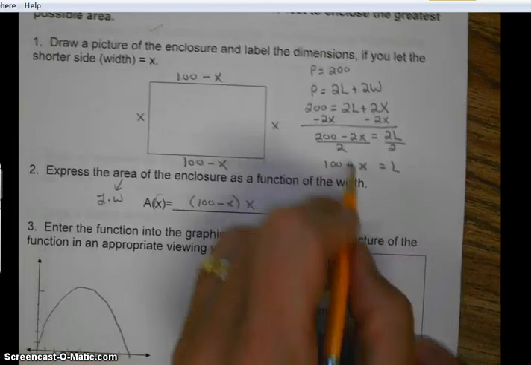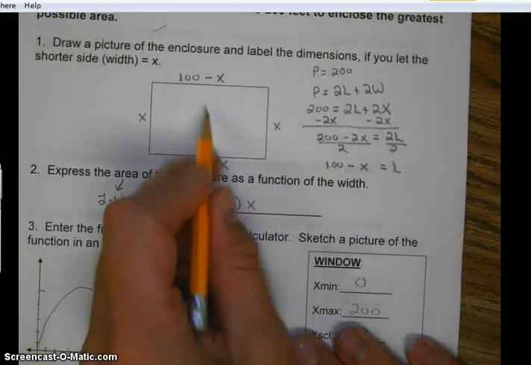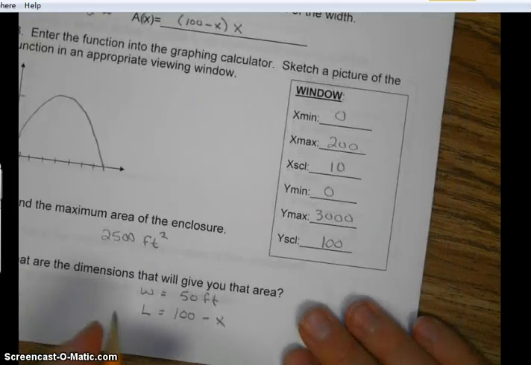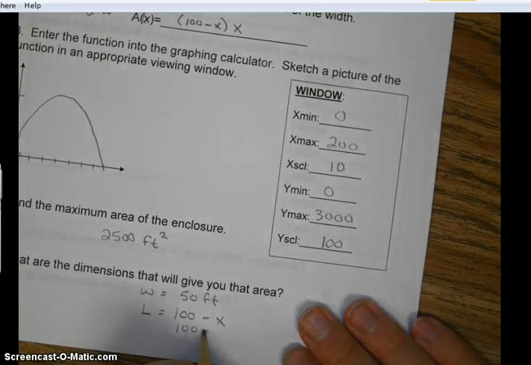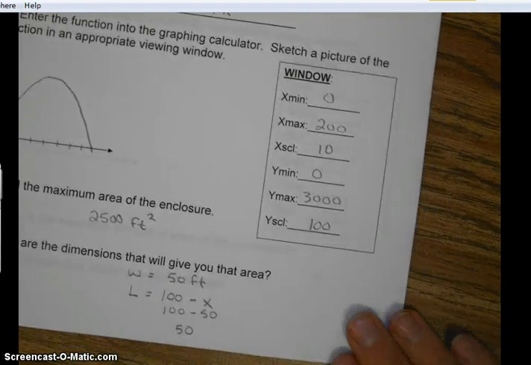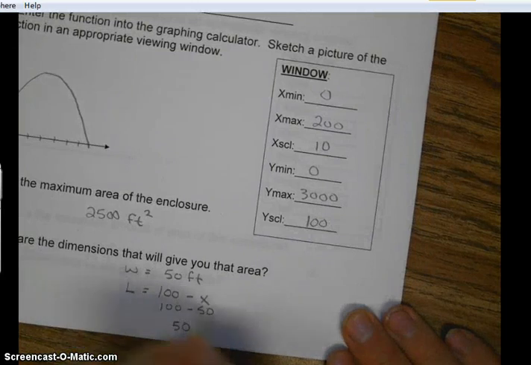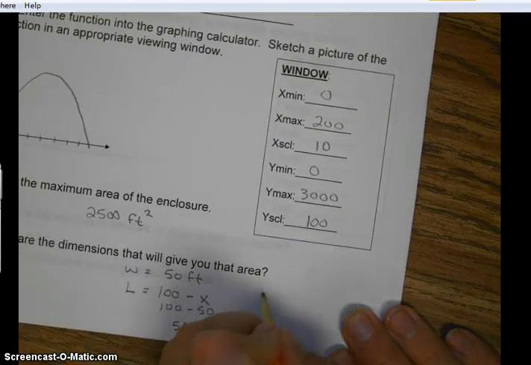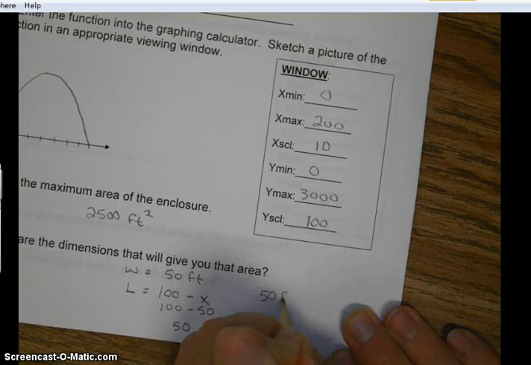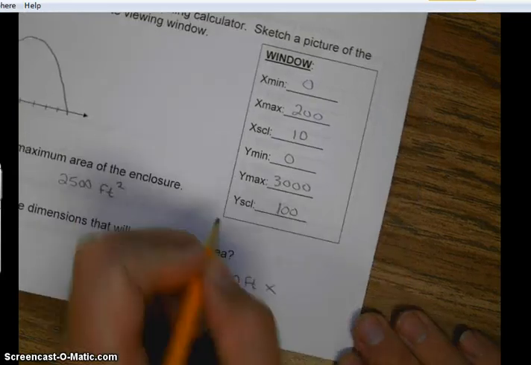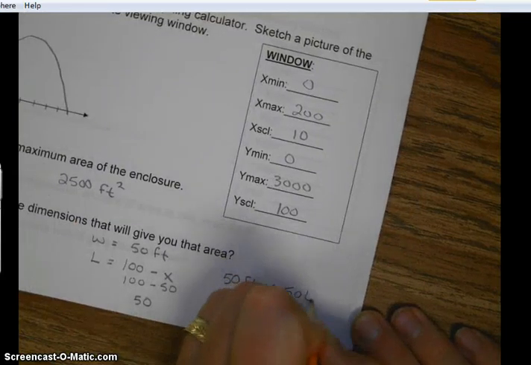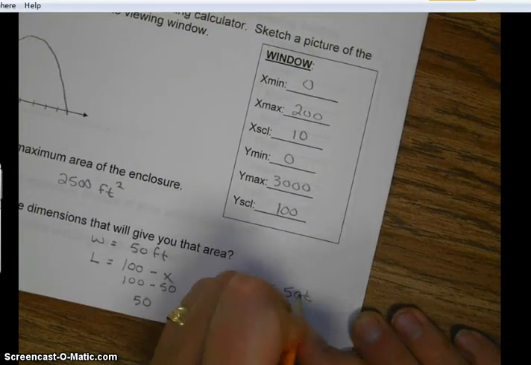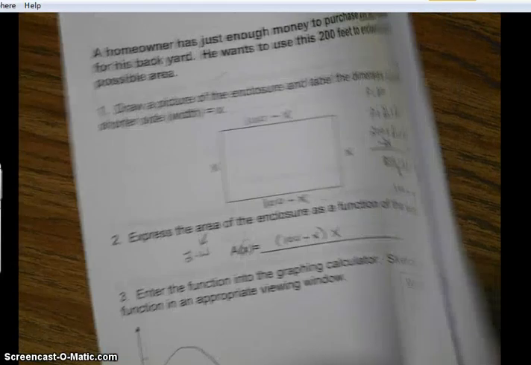Remember that? We calculated that up here. So the length is going to be 100 minus 50. So the length is going to be 50. So for his backyard fencing, to get the maximum area of 2,500 square feet, you're going to need a 50-foot by 50-foot fencing. Oops. All right, let's keep moving on.